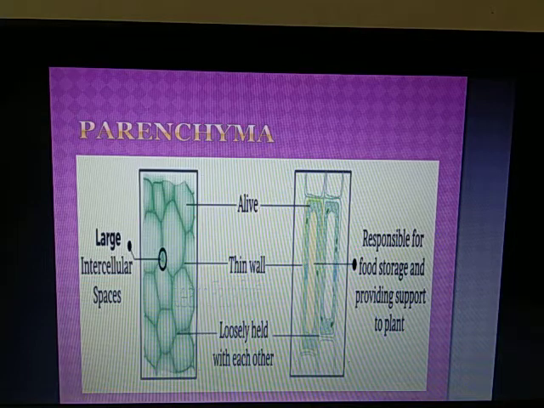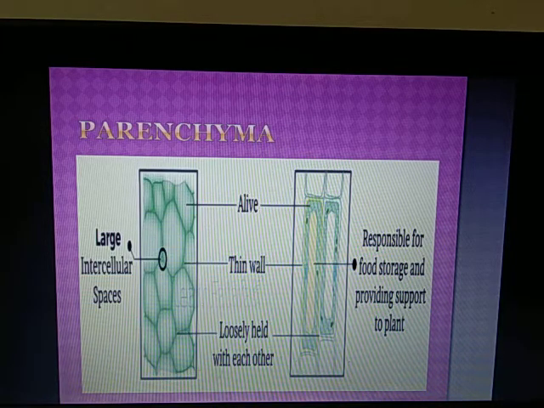It also stores waste products like gum, resins, tannin, crystals, water and inorganic waste. Providing mechanical strength is also one of its functions, and it forms the fundamental tissue or structure of the organ or part of the plant.